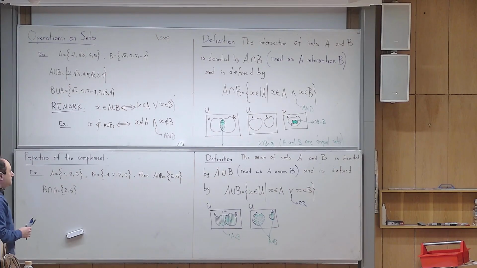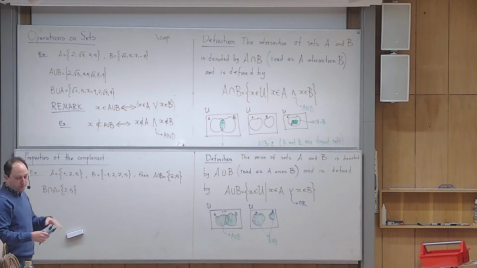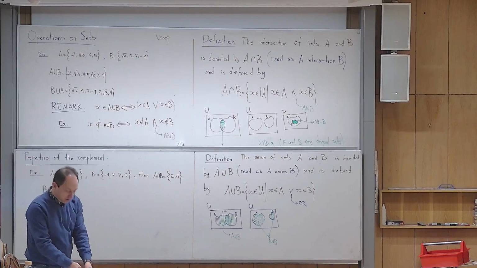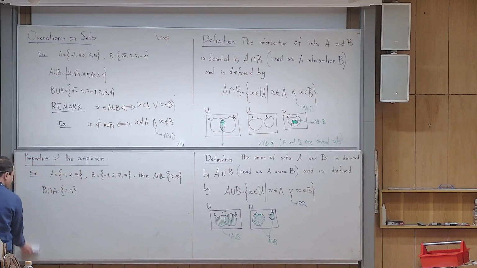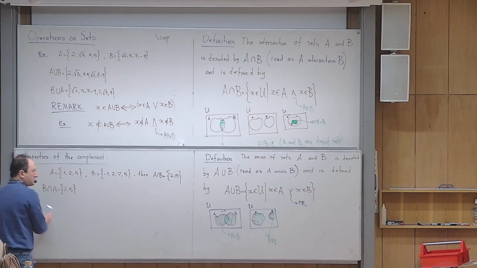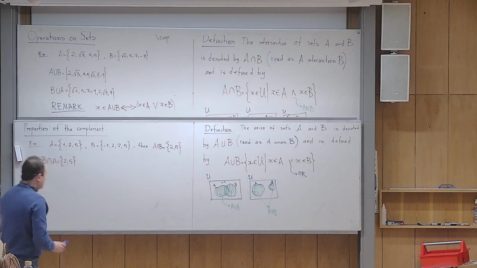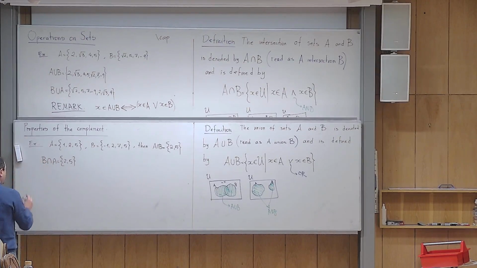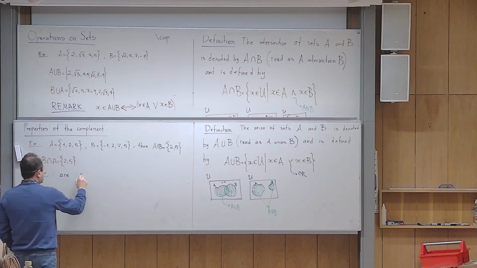Okay, what I want to write from now is scattered among the exercises in the book. But it is good to actually know them as properties of these operations. Let us try to discover some of them, okay? The first thing is, let A, B, and C be arbitrary sets.